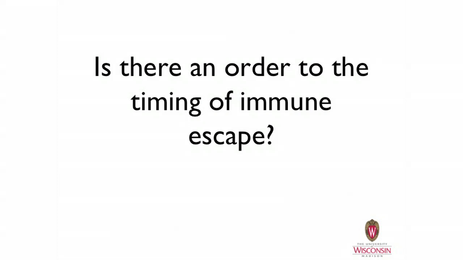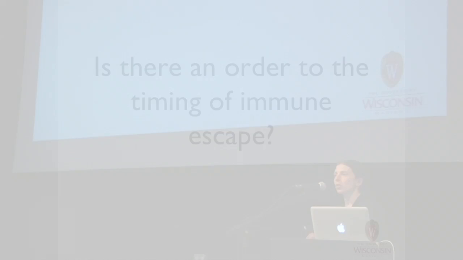So the last thing I want to talk to you about is using this model, and actually the heterozygous advantage model that I've shared with you in the last several slides, to answer the question, is there an order to the timing of immune escape? I just showed you that HW8 does not necessarily escape in all the animals.